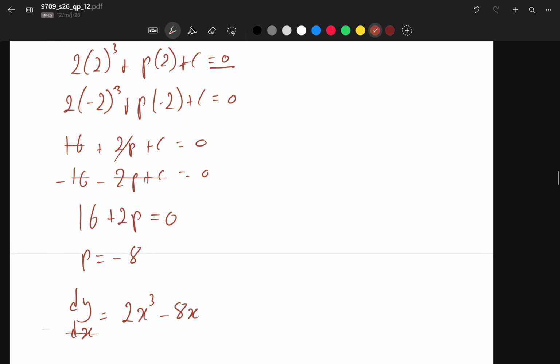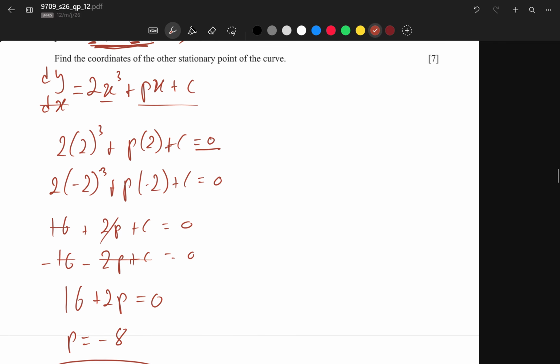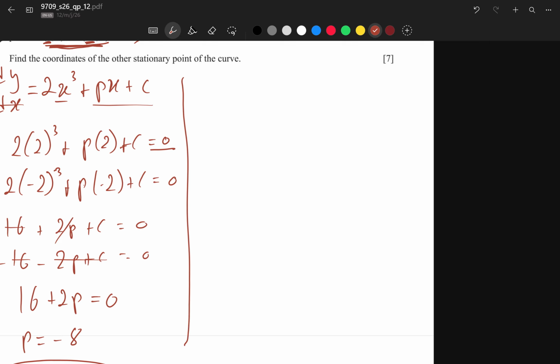Now if you take an integral of this equation, you will get the original equation in the form of y. So y is equal to half x raised to power 4 minus 4x squared plus a constant of integration, let's say it is d.